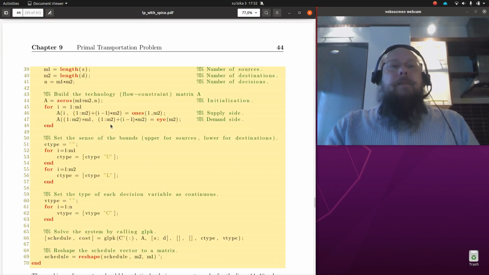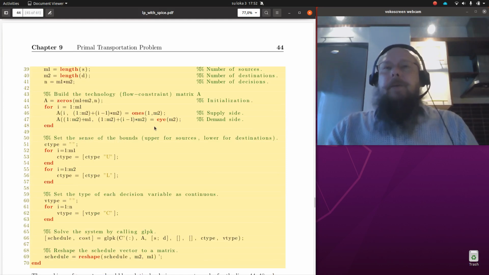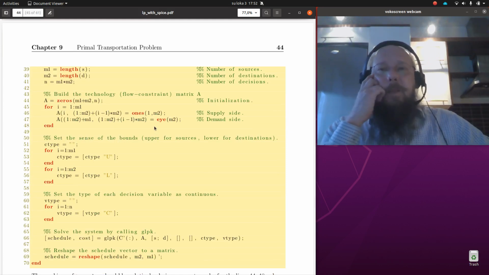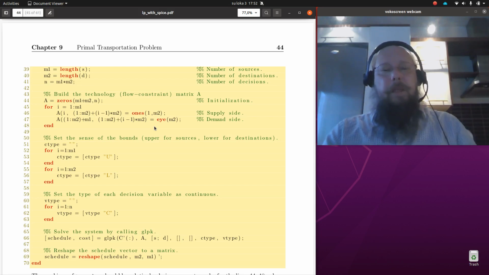So this is what happens here. And yes, I know this is very complicated. And in order for you to understand it, you should play around. You should just test this in the GNU Octave console. I will not go into more details of this.